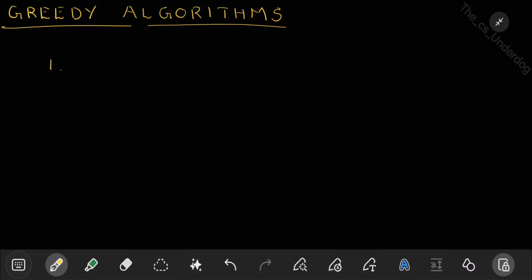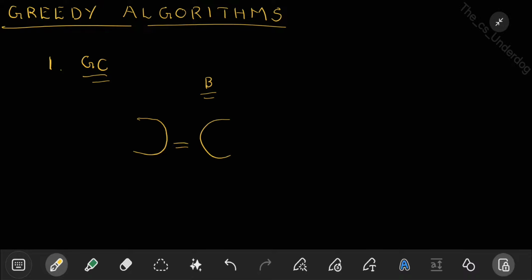So the first property is called greedy choice property. What does the greedy choice property say? It says choosing the best option at each step will lead to the best overall solution. Or in other words, each decision that you make at any step is made without reconsidering any of the previous steps, and also without considering whatever you are going to do in future.